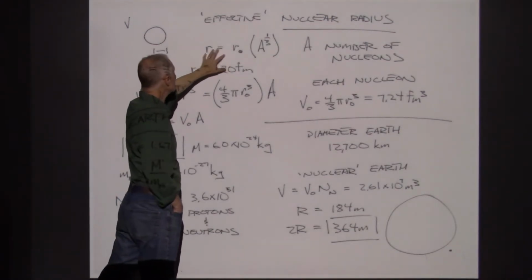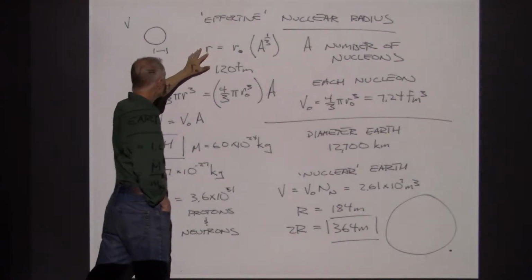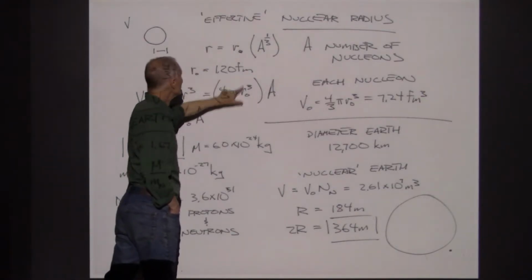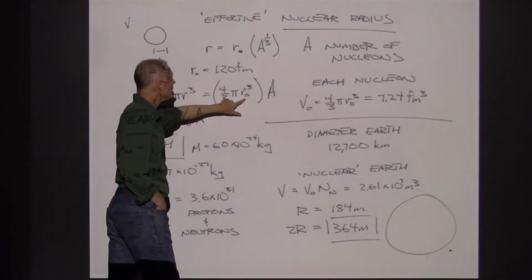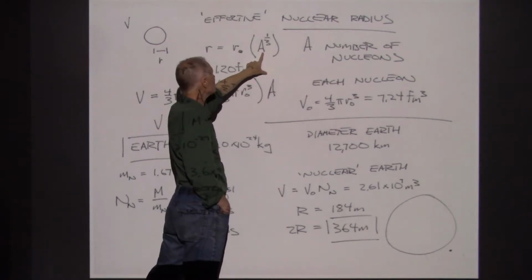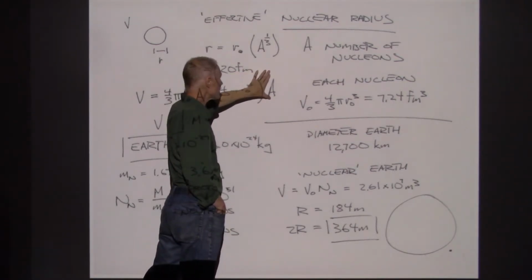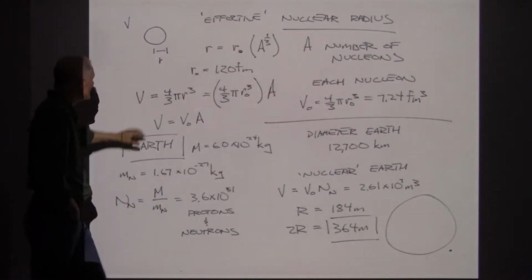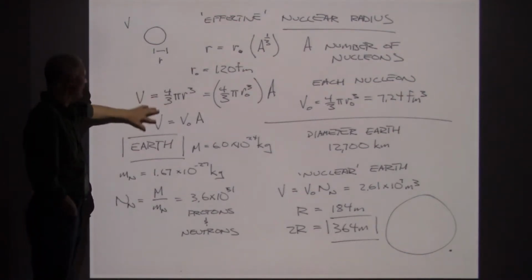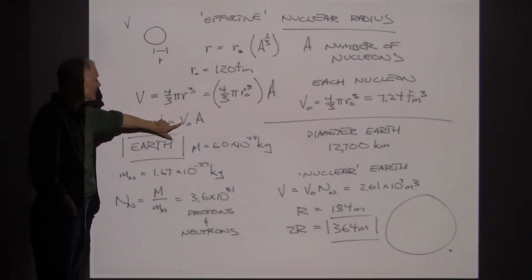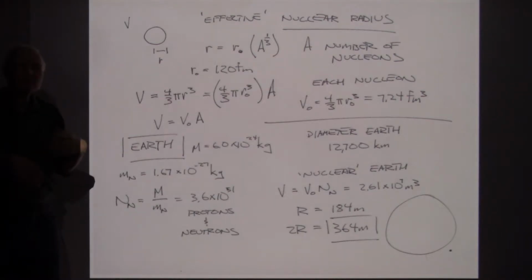And if I take this formula and cube it, then the r to the third gets replaced with r naught to the third times the number of protons and neutrons. So this is just the number of protons and neutrons. And that says the volume of a nucleus can be thought of as V naught, which becomes kind of the volume of each nucleon.